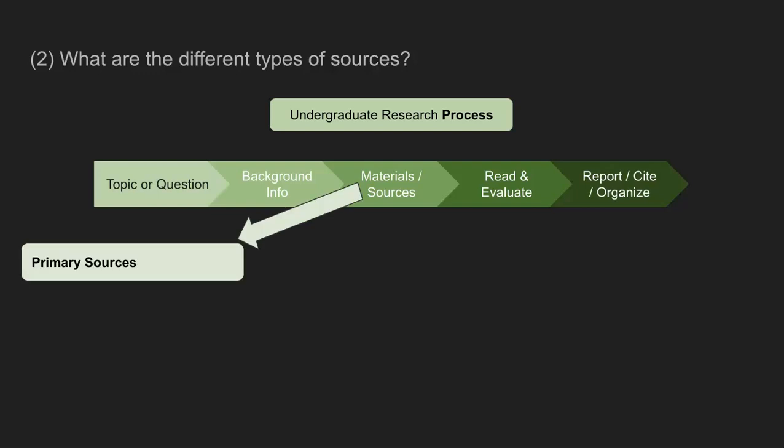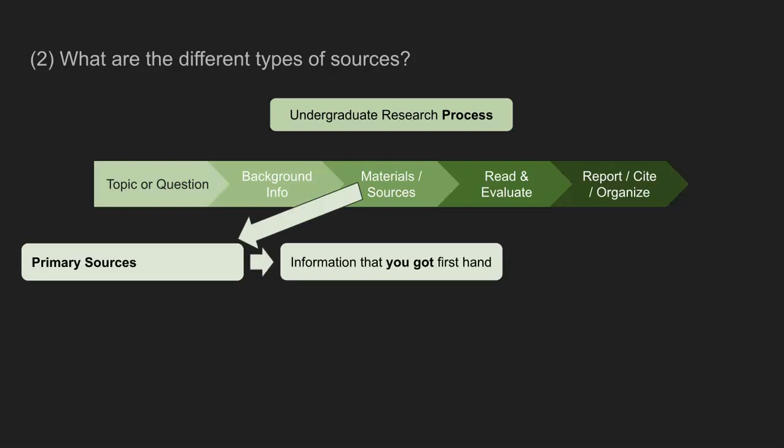So the first kind of source is called the primary source, and that's information that you got firsthand, that you went out there and you got it. An example would be like archaeologists would go out there and they would dig up, let's say, mummies and pieces of mummies and bone shards and pottery shards. And those are things that they got firsthand that they're analyzing.